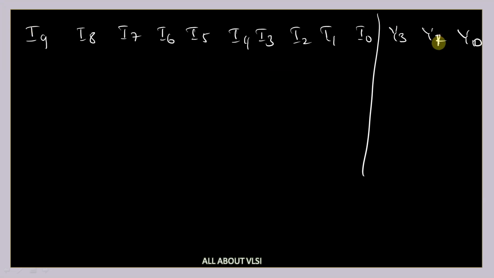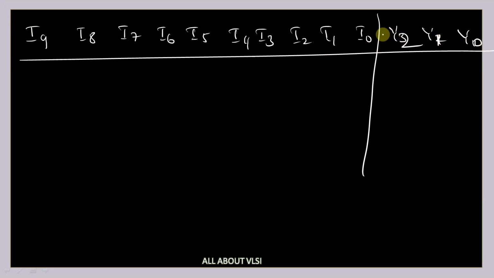Okay. So coming to the truth table of this, we will have Y3, Y2, Y1, Y0, 4 outputs. So depending upon the value of line input you are going to apply, the output will be decided. So if you are applying I9, then your output will be equal to 1001.